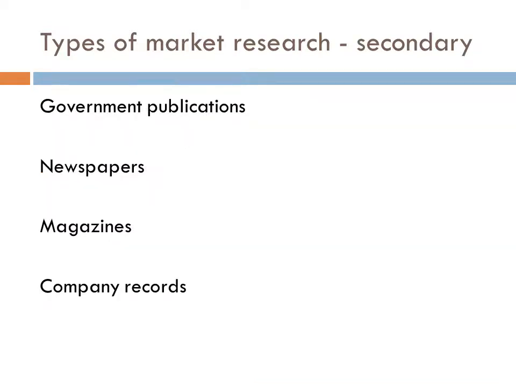So types of market research that is classed as secondary market research. Government publications. The Office for National Statistics, which is part of the government, provides information on economic and social trends so that firms can investigate the implications for their business. So it might show that the population has more older people.